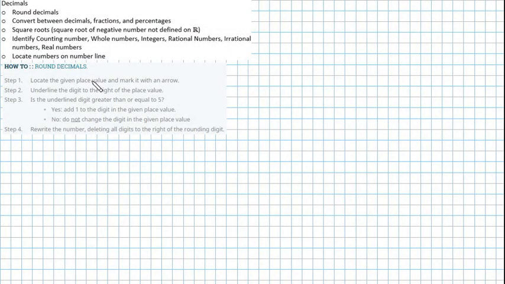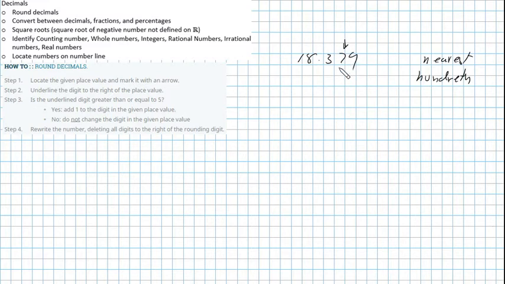We now look at how we round off decimals. Let's say you're given the number 18.379 and asked to round this number off to the nearest hundredth. Well, you look for the hundredth place, and that's this place here. You don't necessarily literally have to write a little arrow, but you focus here.